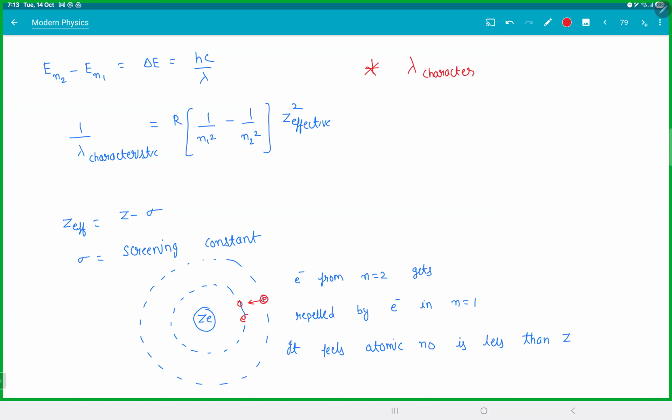It doesn't depend on the voltage of the Coolidge tube. Lambda characteristic is independent of voltage. It depends only on the atomic number, and is independent of voltage.